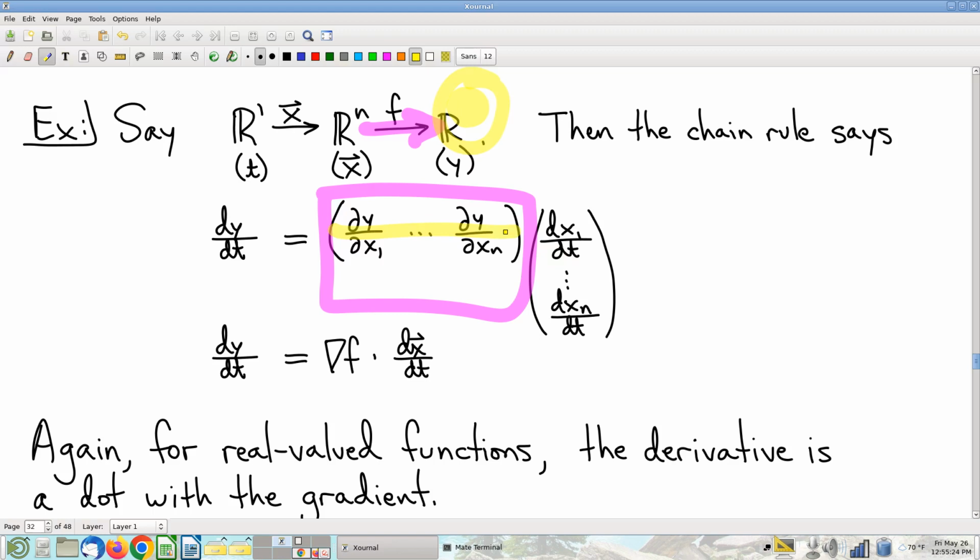And so, well, then this is what the chain rule turns into. Instead of having what you might call a full size, thick derivative matrix that's multiplying by input velocity to get output velocity, now it's just a single row matrix.